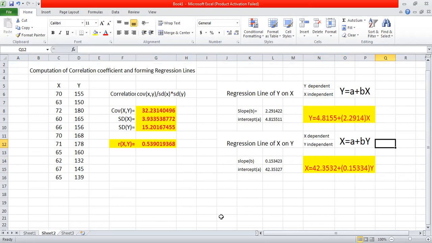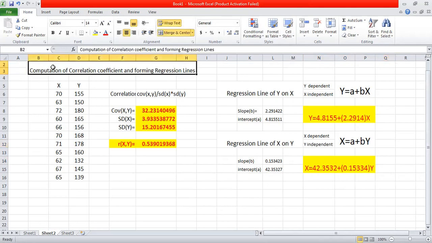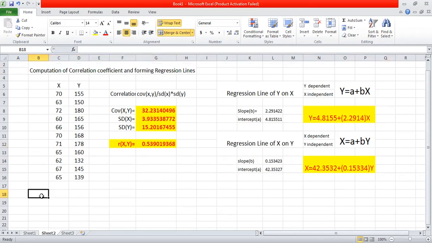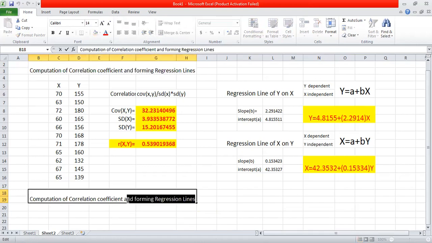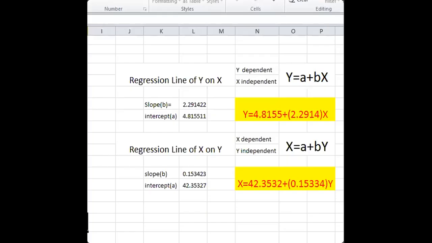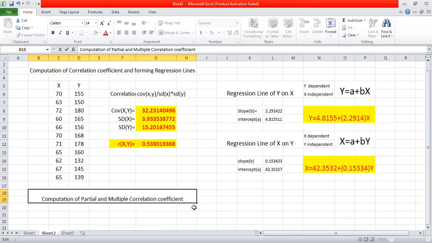So now, next practical, we find the partial and multiple correlation coefficients. Next practical, computation of partial and multiple correlation coefficients.